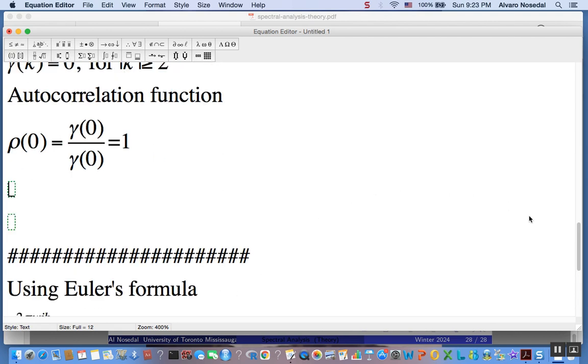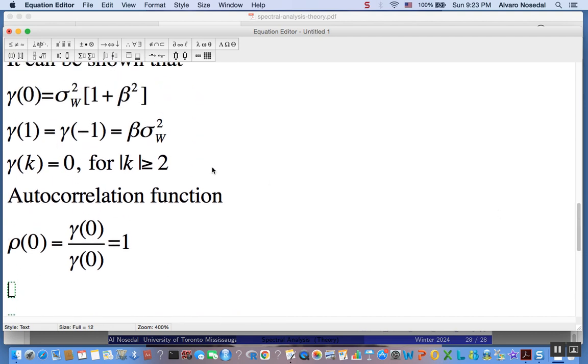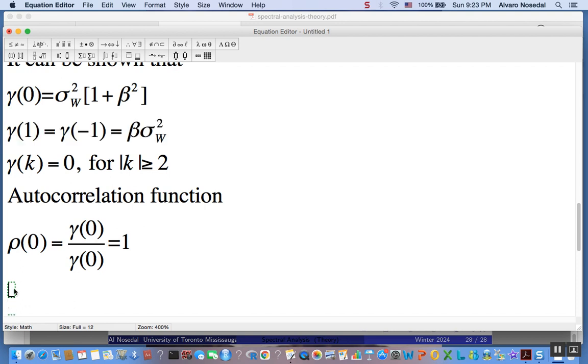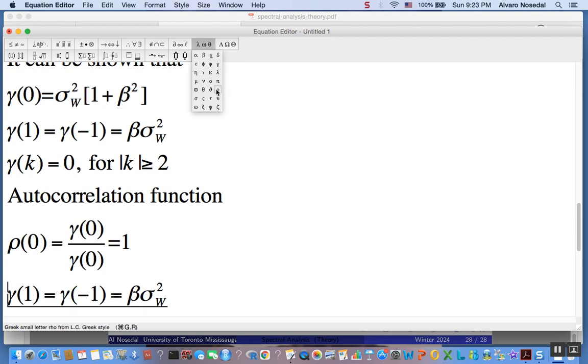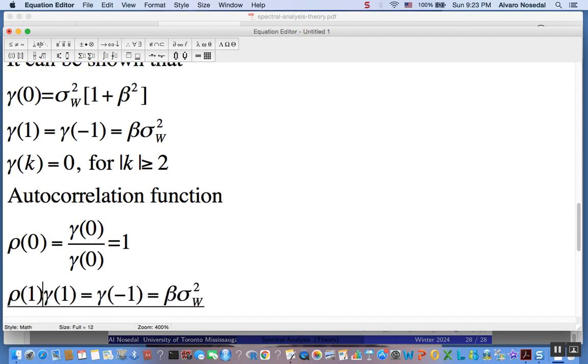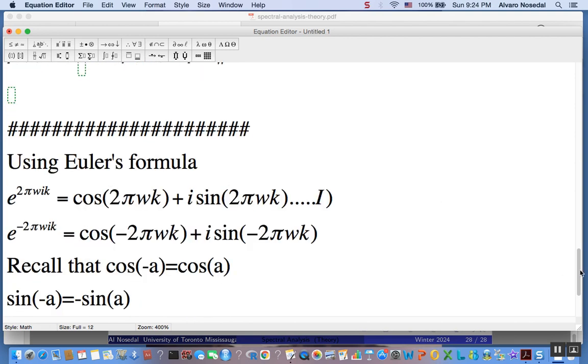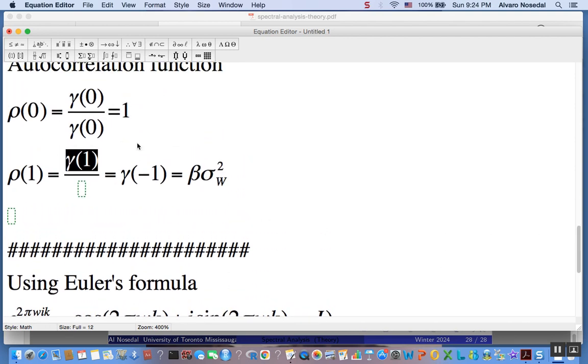Now let's find the autocorrelation function at lag 1. So we want to find rho at 1. Rho at 1 equals gamma at 1 divided by gamma at 0.